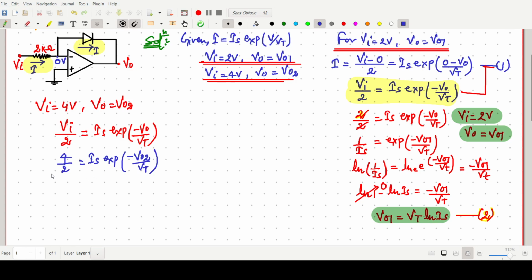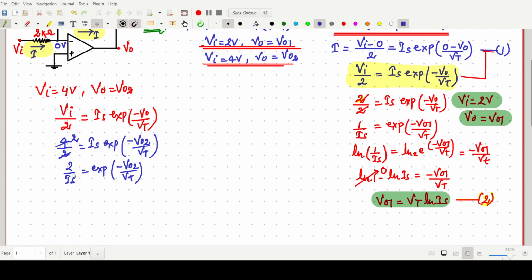This is a very simple question, only we have to do some calculation. So 4 by 2, 2. So one can write 2 by Is equals exp minus V naught 2 by Vt. Now if we take ln on both sides, ln 2 by Is equals minus V naught 2 by Vt.